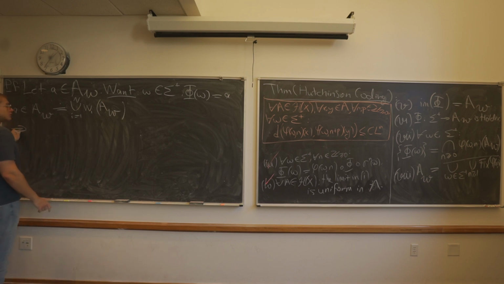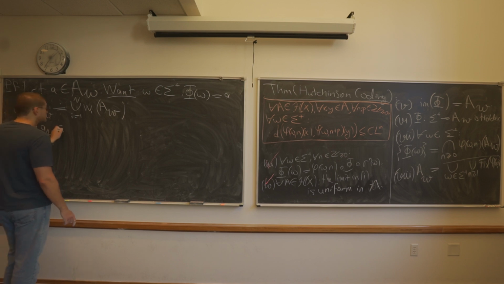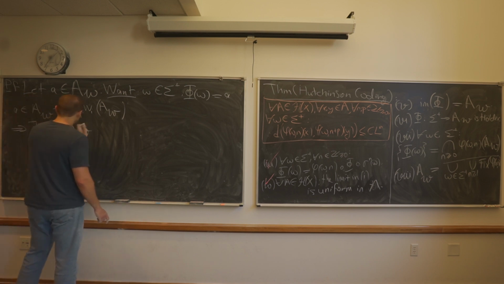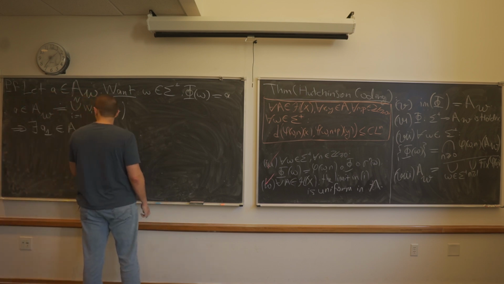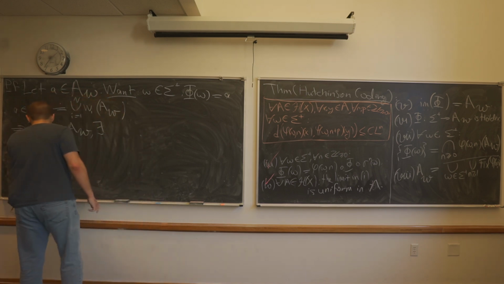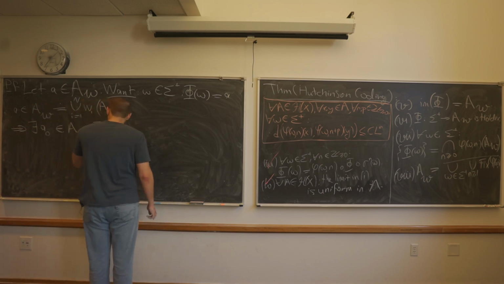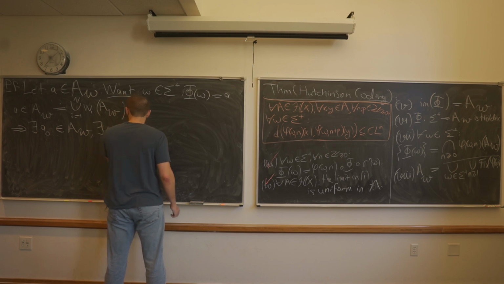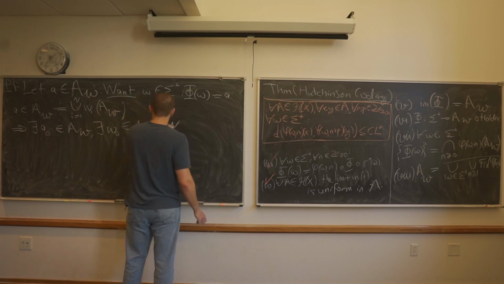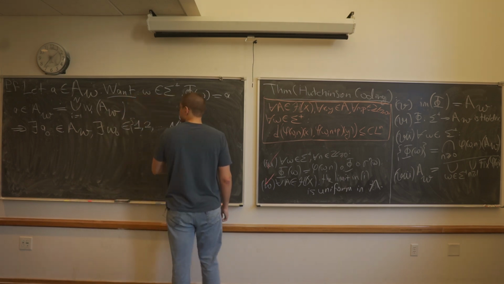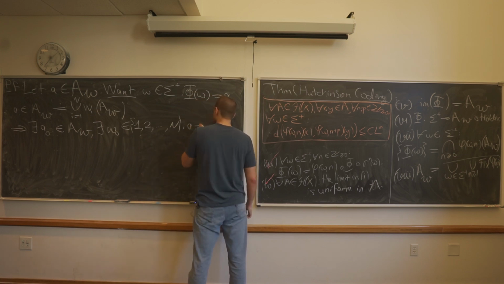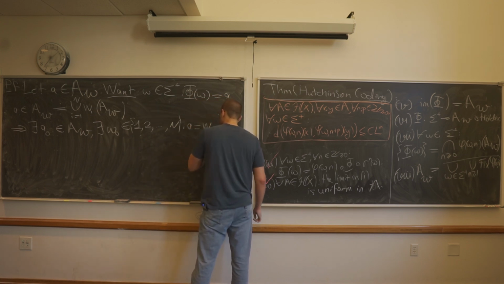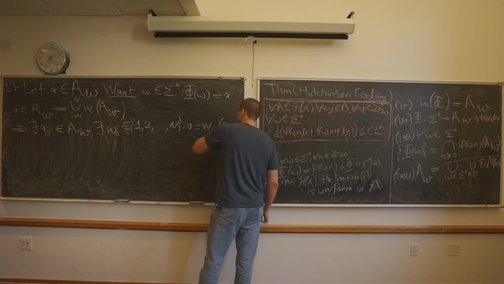So there is an A sub 0 in the attractor, and there is omega 0, some number between 1 and n, such that A equals W sub omega 0 applied to A sub 0.